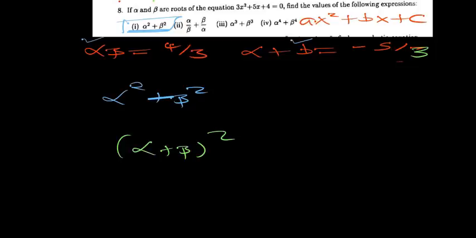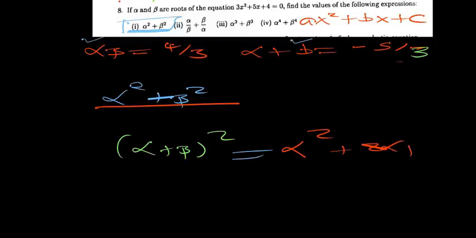So what you basically do is expand this part and then try to identify the existence of that expression in the expansion. Remember, it was alpha squared plus 2 alpha beta, and then plus beta squared.